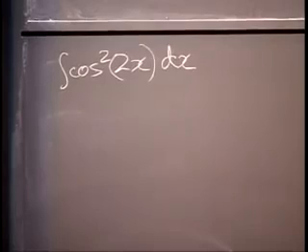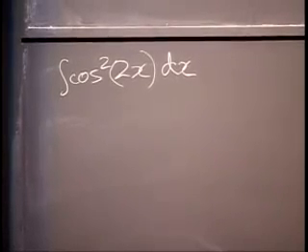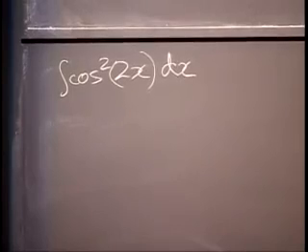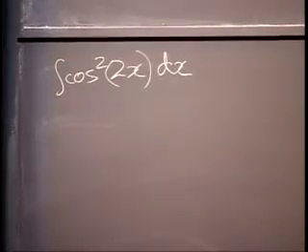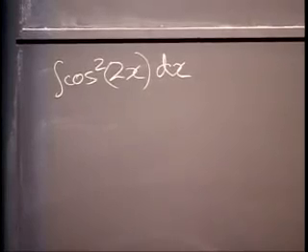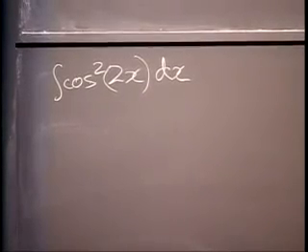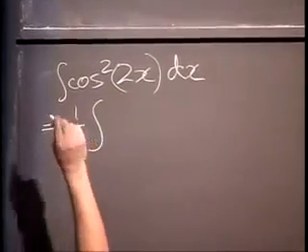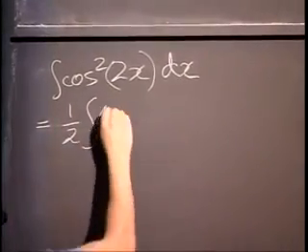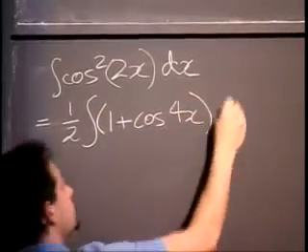That's unfortunately also even. So we have to use the same identity, the first one above, but instead of cosine squared of x, we have cosine squared of 2x. So that means wherever you see x, you have to mentally replace it by a 2x. So according to that, this is 1/2, I'm bringing it out of the integral already, 1 plus cosine of 4x, not 2x.